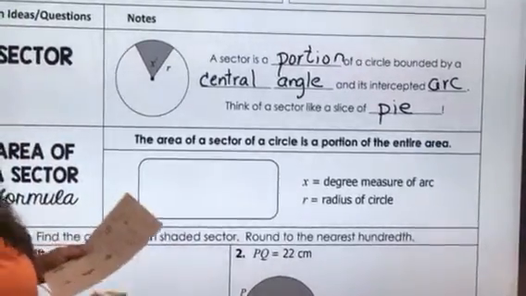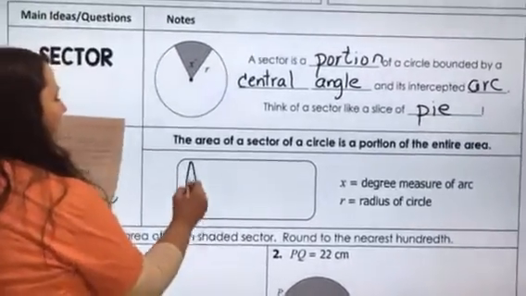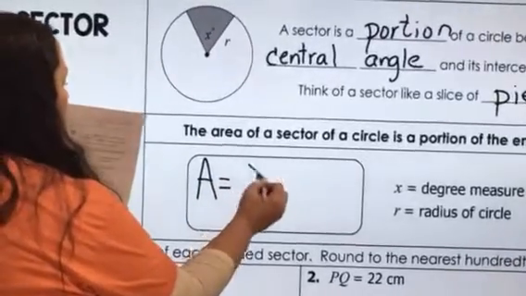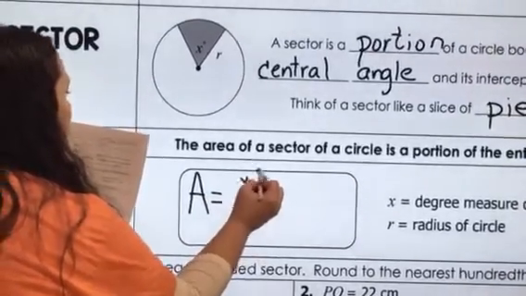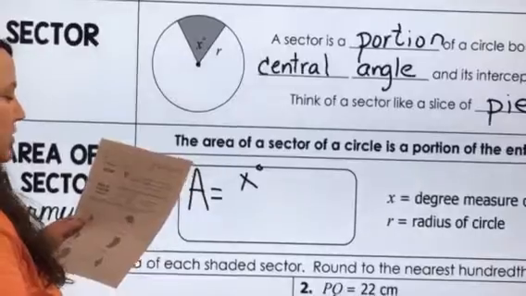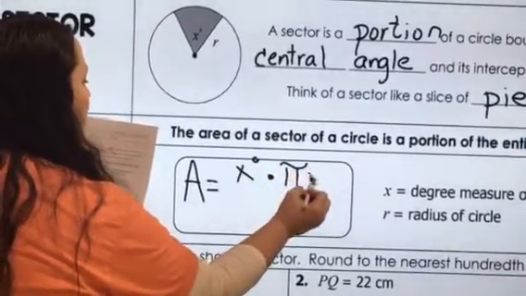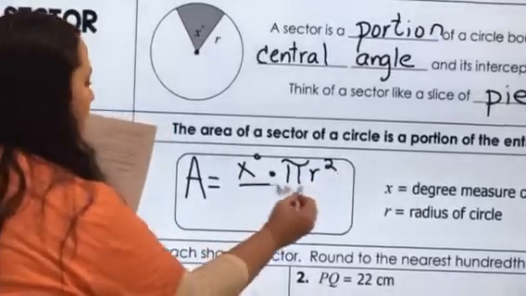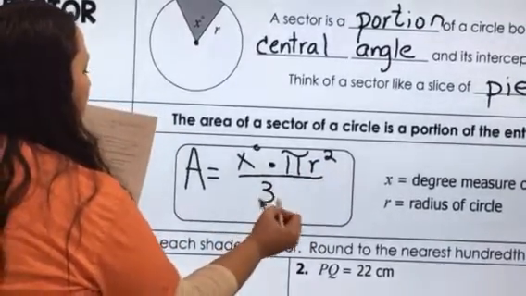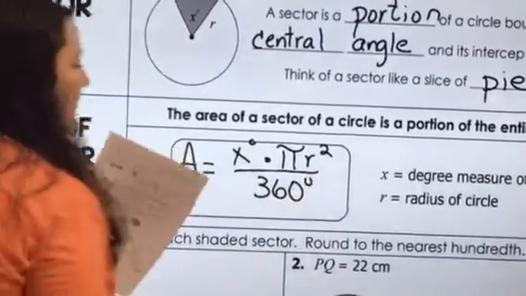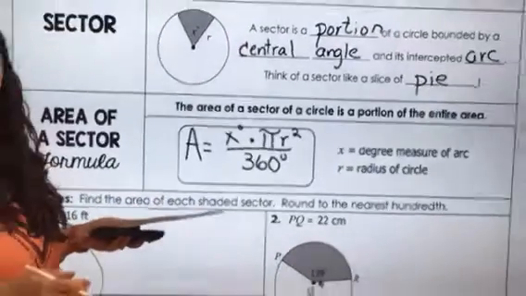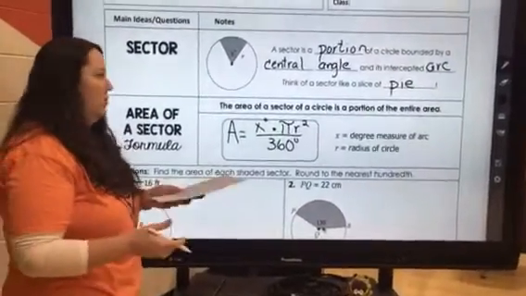The formula here to find area is the degree measure of the arc times pi times radius squared divided by 360. And of course, the 360 is the degrees of a circle.